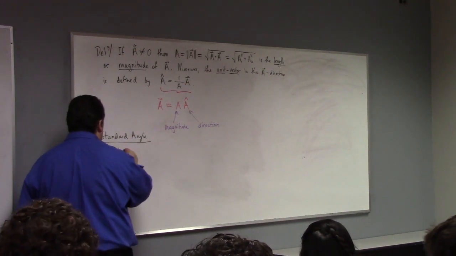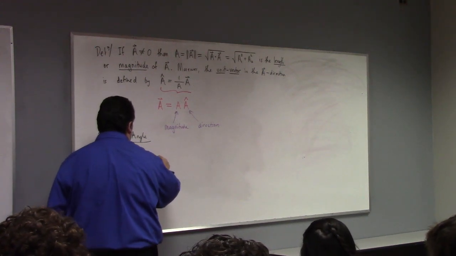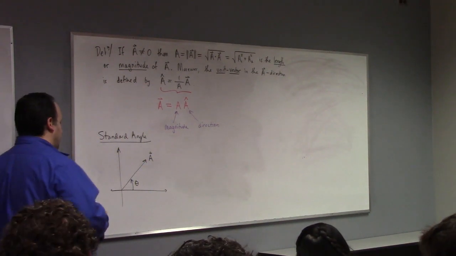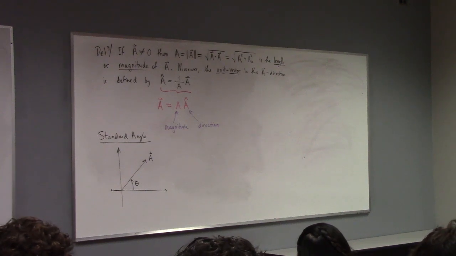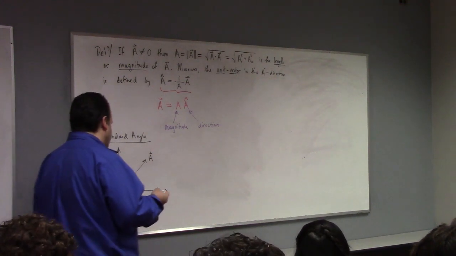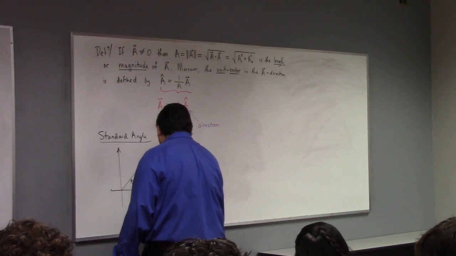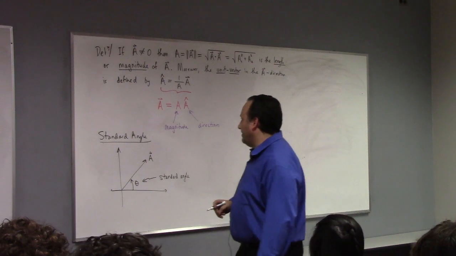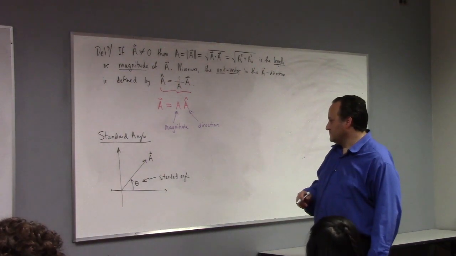Standard angle. So here it is. If you have vector A, the standard angle for A is the angle that is measured counterclockwise off the positive x-axis to wherever it's going, all right? So this is standard angle. So let's see here.